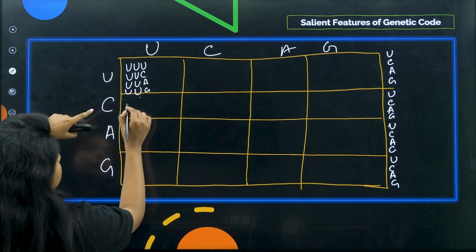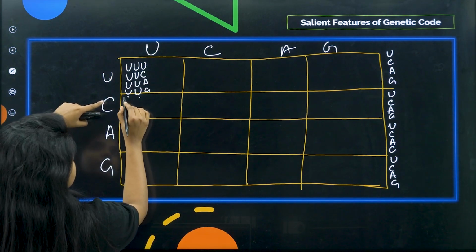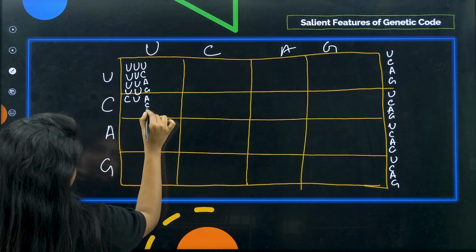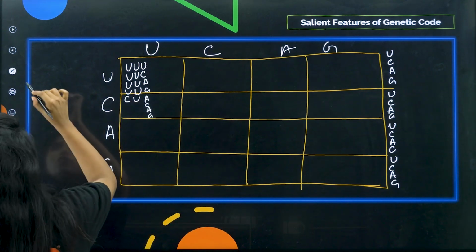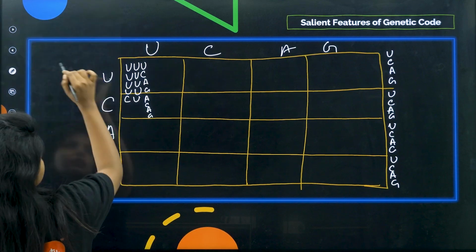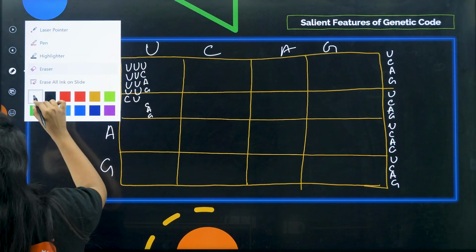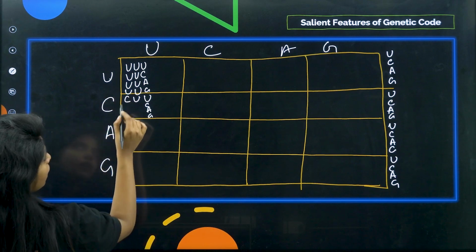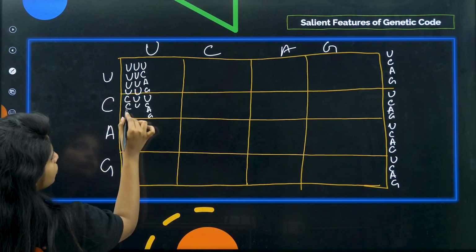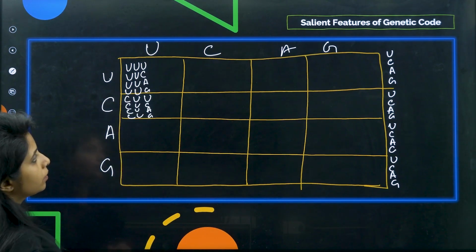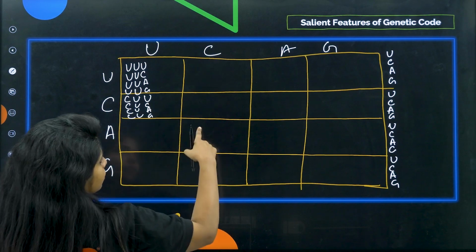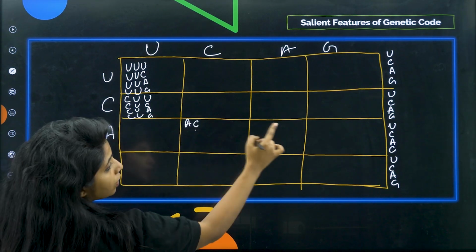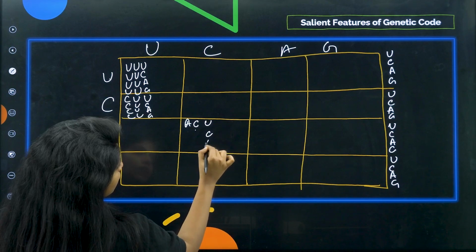Now the next one. It will be C, A, C, A, G. Just like that I copied UCAG over here. Now C-U will be there, so C-U, C-U, C-U will be the thing. Now if I want to make it over here, it will be A, C, and then UCAG.